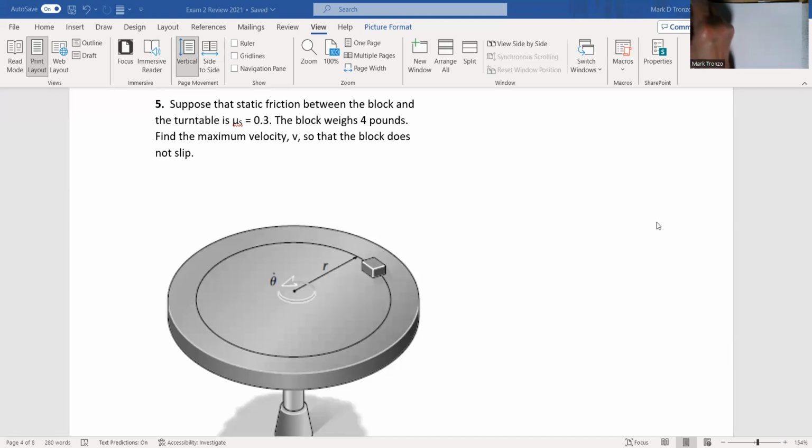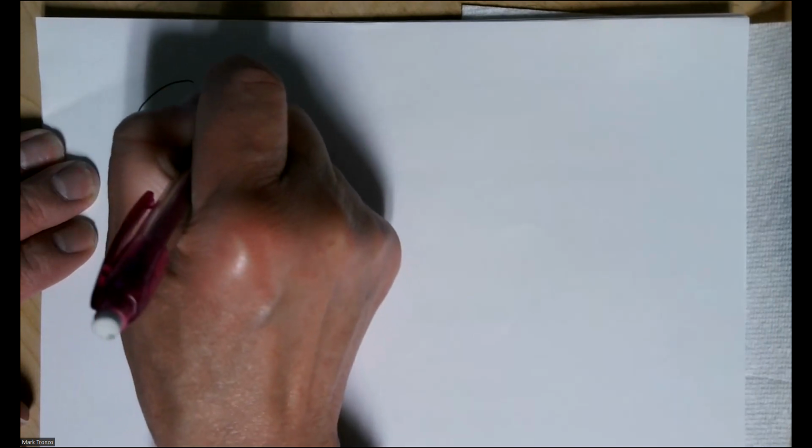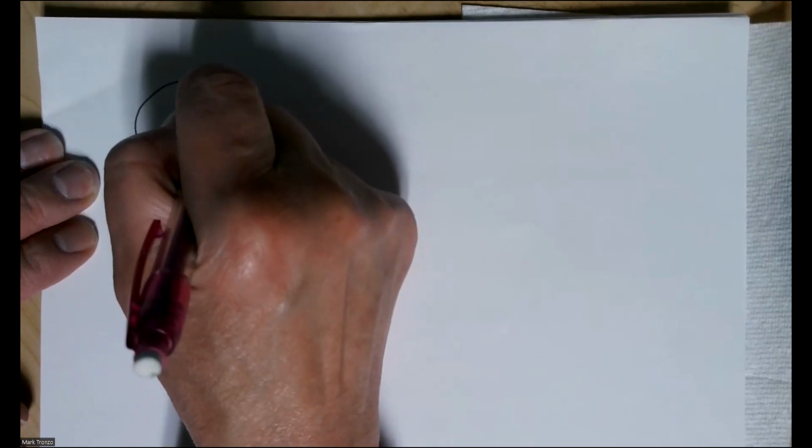So again, if you look from above, we have this thing going around like this. And then we want to find the maximum velocity so that the block does not slip.